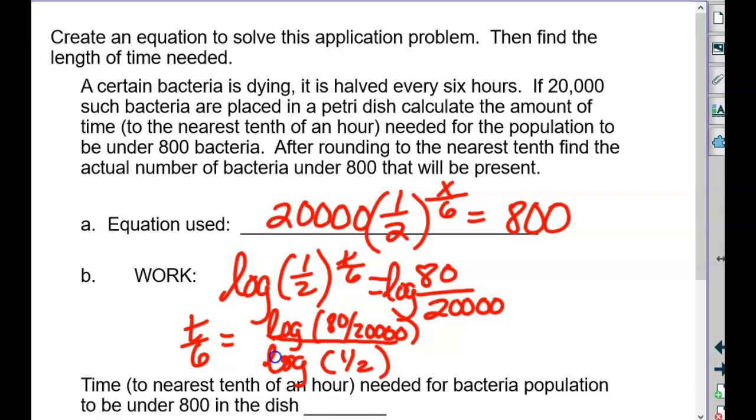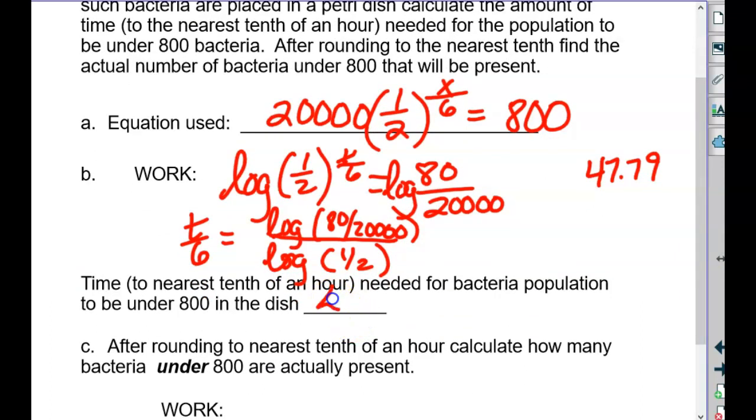I just don't know if we have to round special on this one. Log of 80 divided by 20,000. Got enough zeros there. Divided by the log of 1/2. And then times 6. It rounds to 47.8 because it's 47.79. So I'm thinking we aren't going to have to do any extra rounding because it already is rounding up.